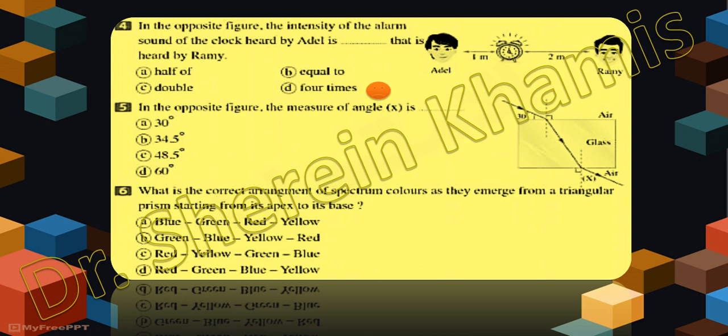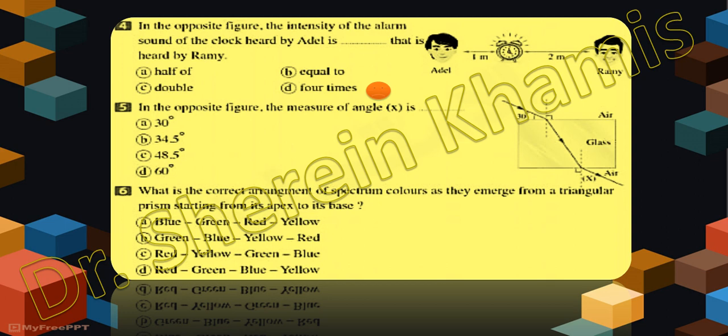Okay, let's go to question 5. In the opposite figure, the measure of angle x is... Okay, we wanted to get the angle x. We have here the angle of incidence, and it equals 60, not 30. The 30 is between the surface and the light, so the angle here equals 60, and it makes refraction inside the glass, returning back, coming out from the glass, forming the refracted angle.